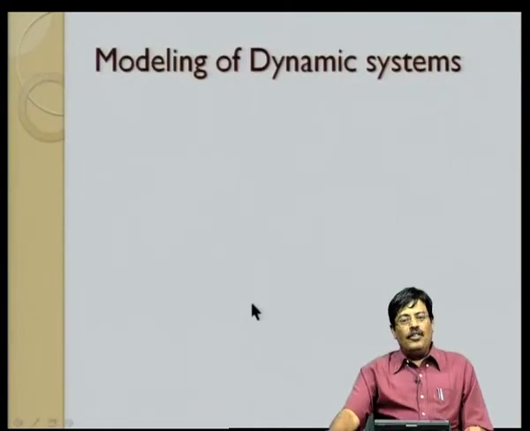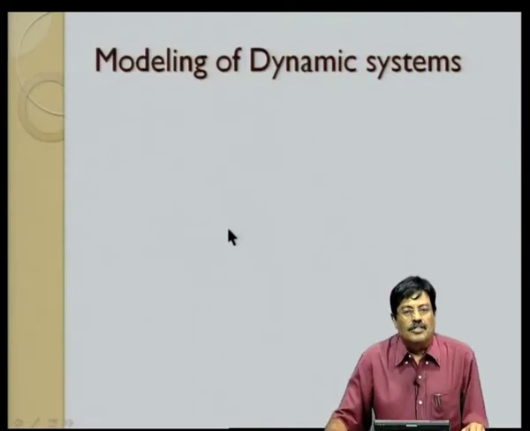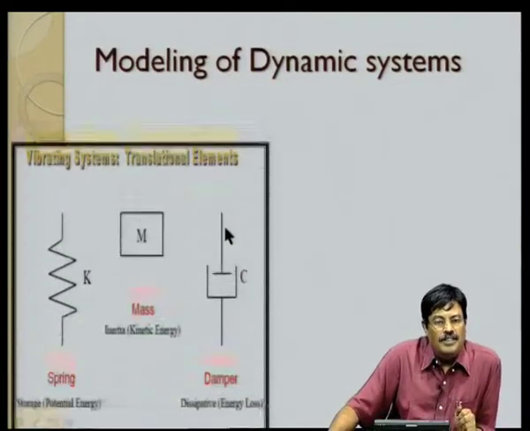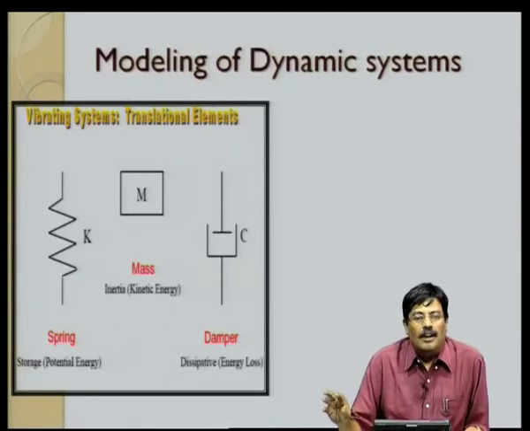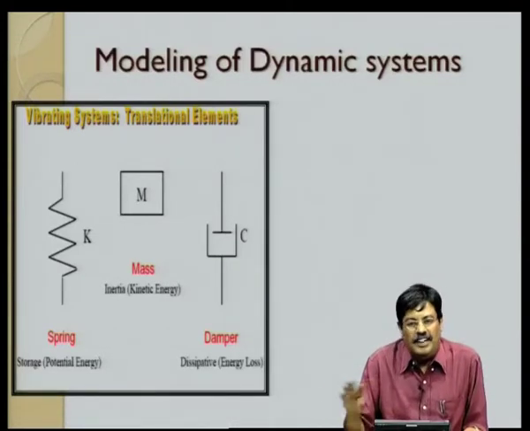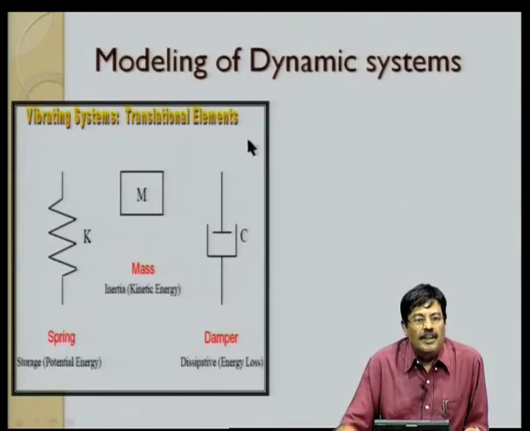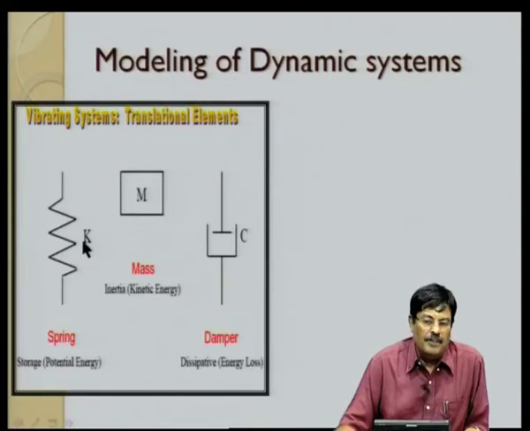So, how do we model the dynamic systems? The modeling requires certain elements. If it is a translational element like a beam or a plate or any such device, we represent the stiffness by a spring of value k, the spring coefficient.